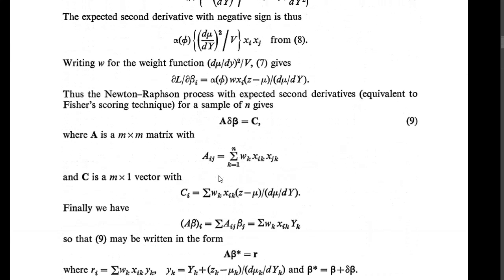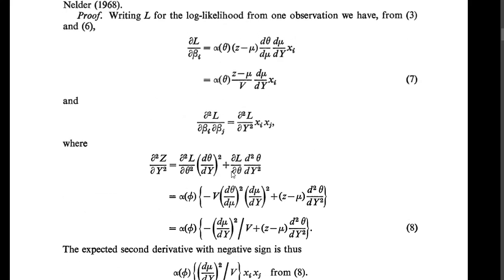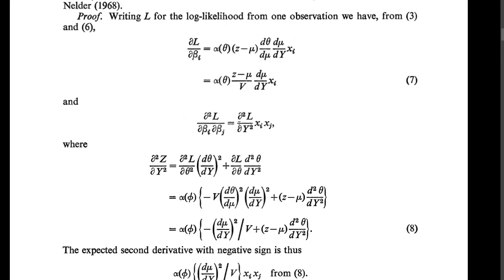So let me scroll back up. And we did show this right here in our earlier discussion, that the second derivative with regards to betas is the second derivative of L with regards to y times xi times xj.